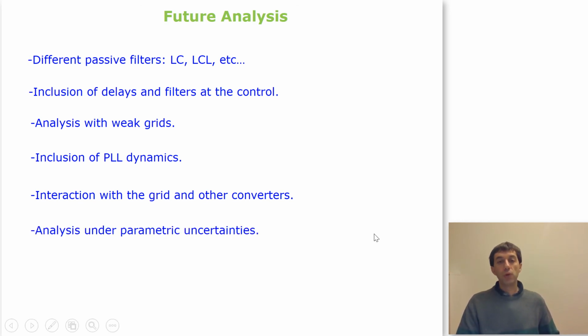Also, we could do analysis under parametric uncertainties, for instance, when we are using a complex filter topology and we have uncertainty on the values of them, etc. We can also study many other things with this mathematical model that we have developed in this book and also in this presentation.